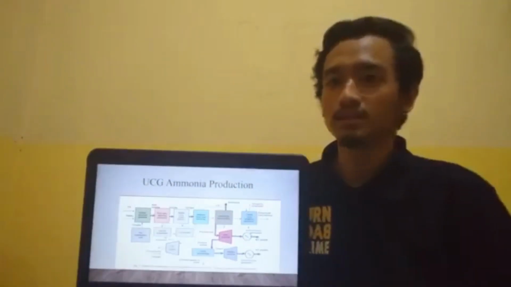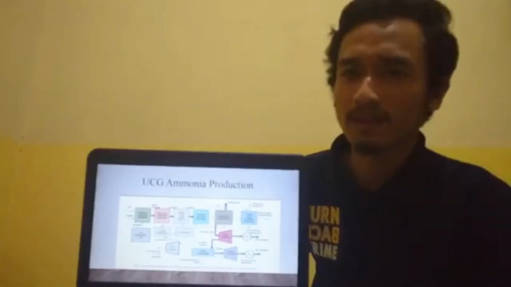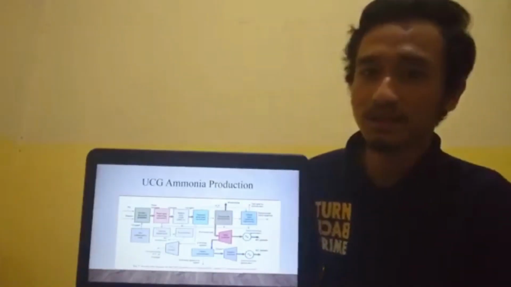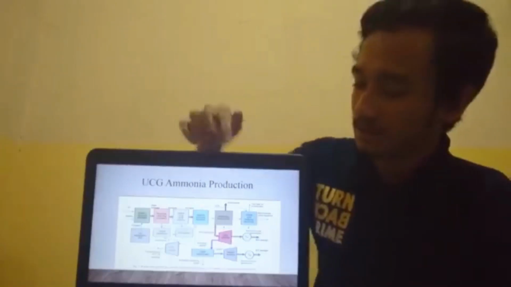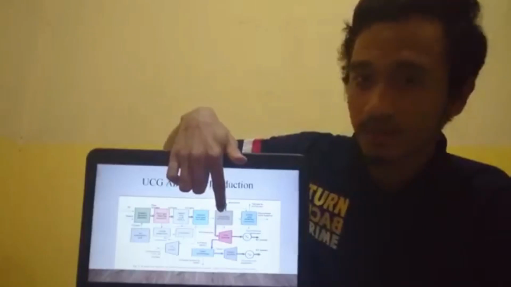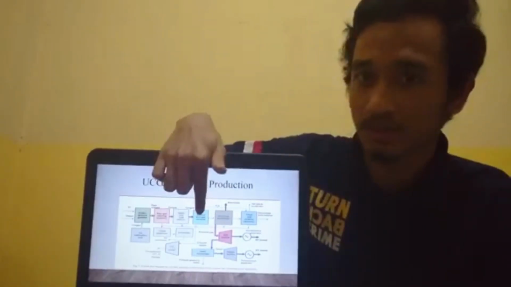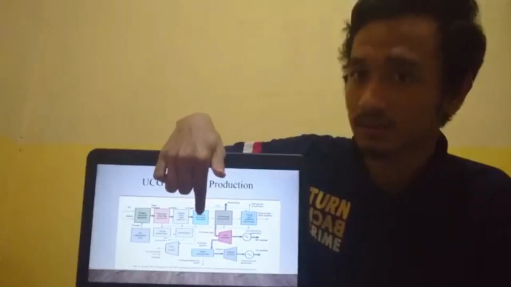And next, this is UCG ammonia production. This flow diagram is the same as the methanol one, but you change the reactor to an ammonia reactor to produce ammonia after the Selexol acid removal process.